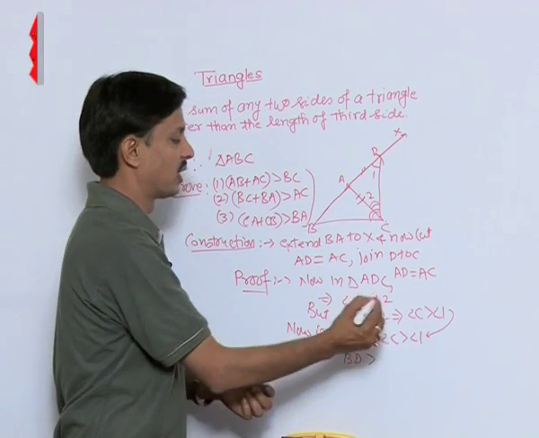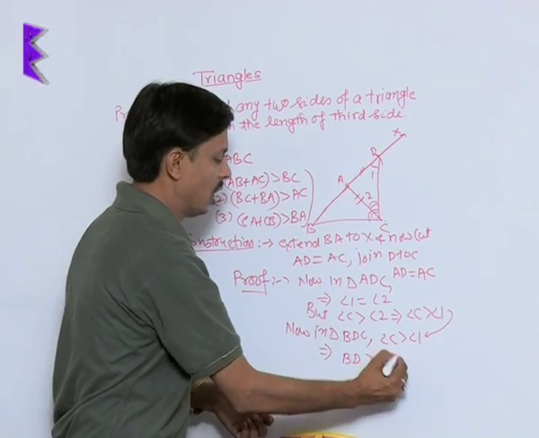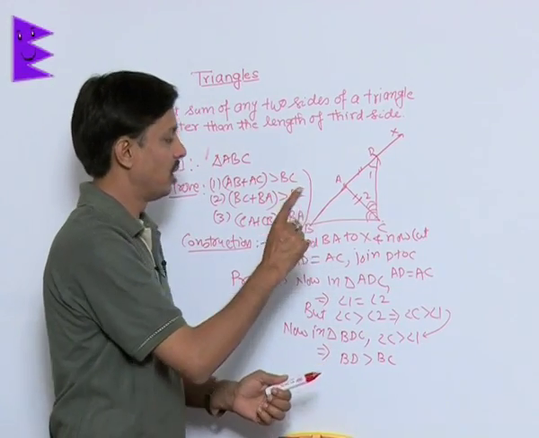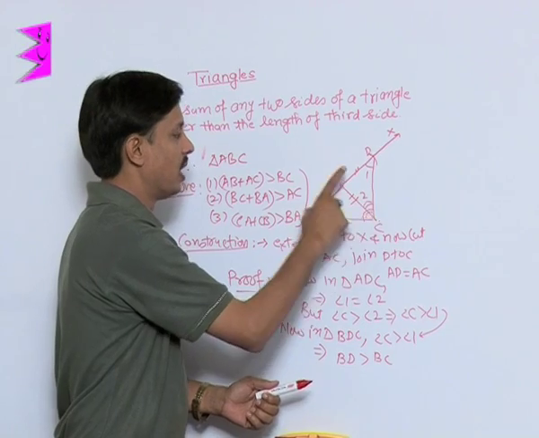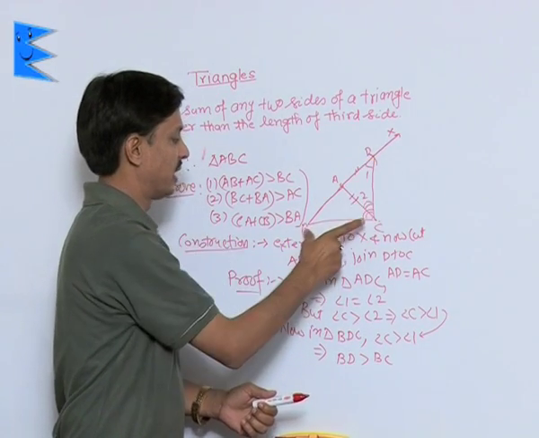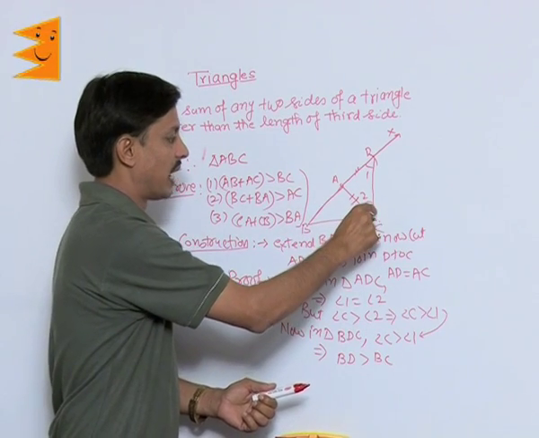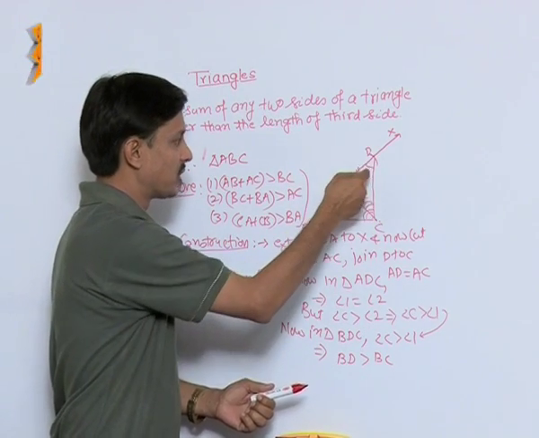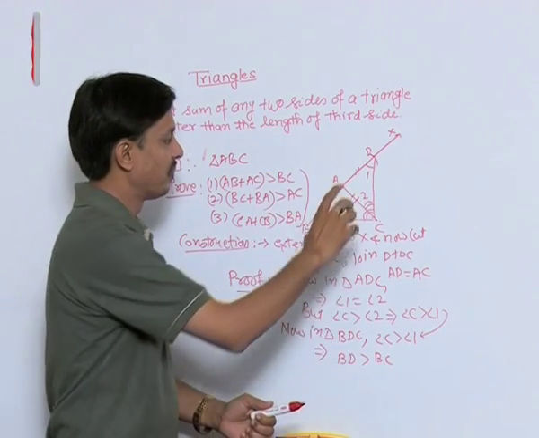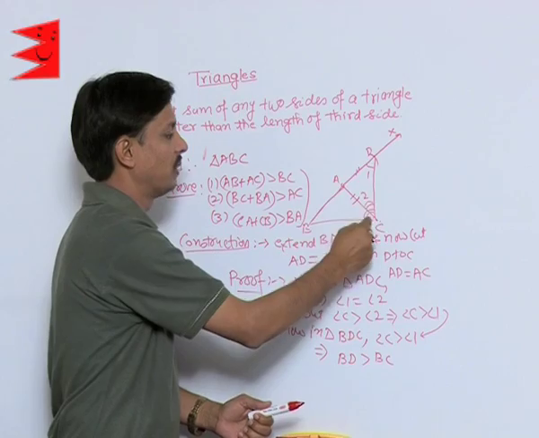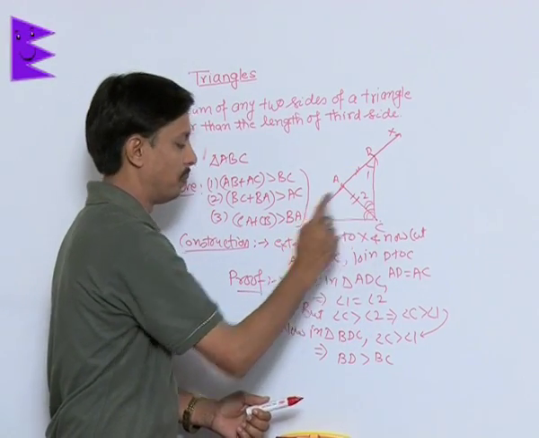BD must be greater than the side opposite to angle 1, which is BC. The three sides of triangle BDC are BD, DC and BC. The side opposite to angle C is BD, and the side opposite to angle 1 is BC. As angle C is greater than angle 1, BD is greater than BC.